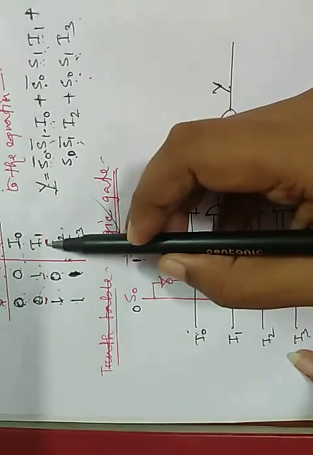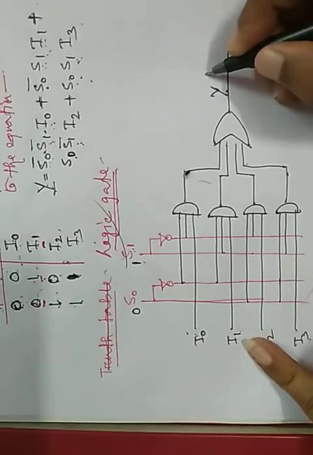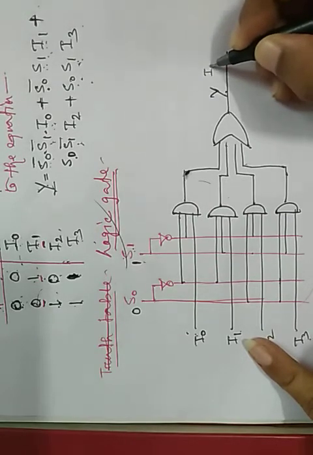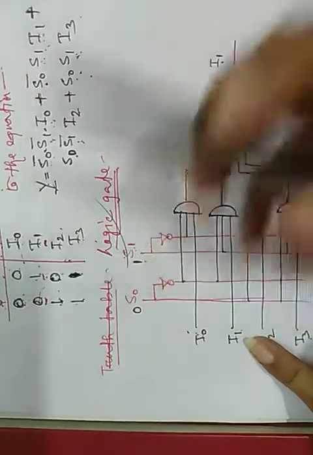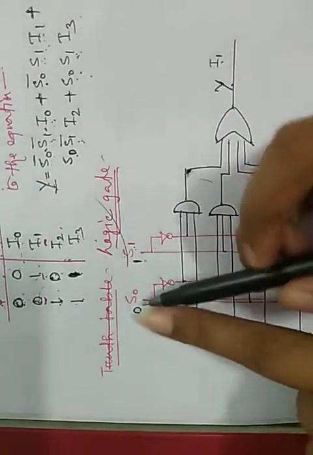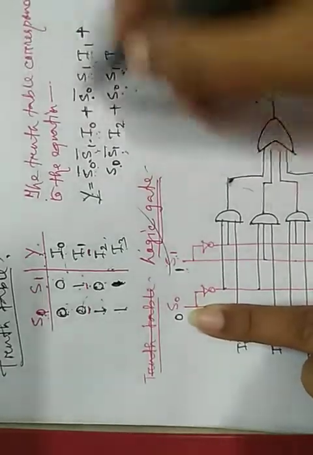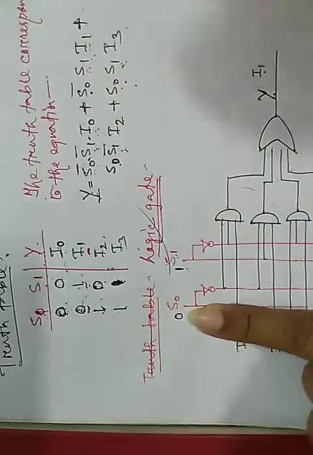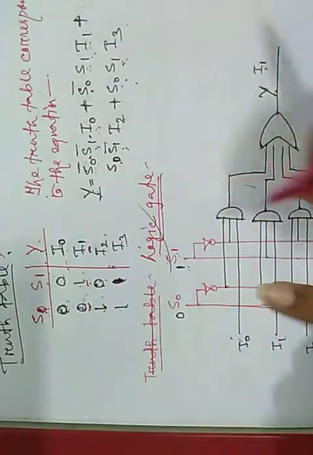We want I1 in the output line, so we have to select 0 and 1. When we select 0 and 1, S0 is 0, S1 is 1.